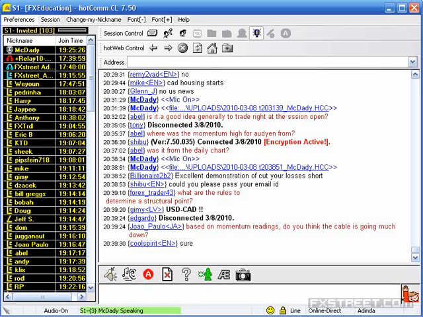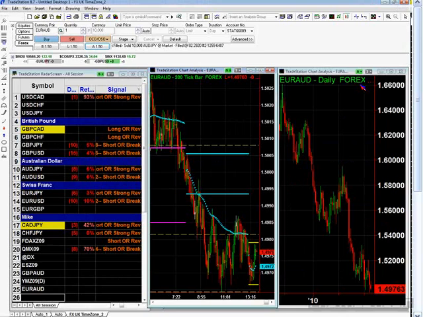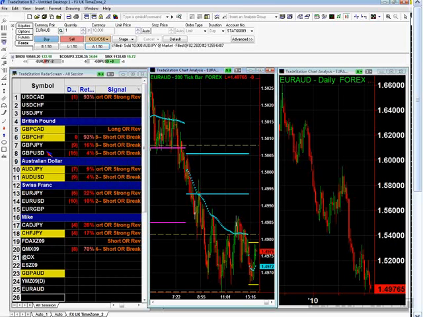Based on this, yeah, that's what it says. And if you look at the radar screen, I don't have the New Zealand, but look at the radar screen.